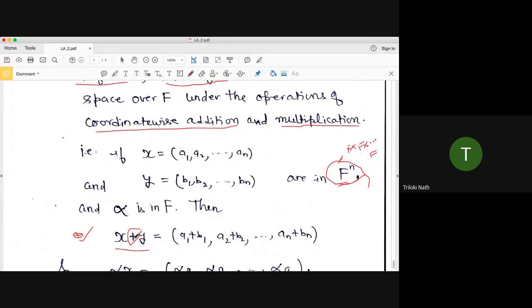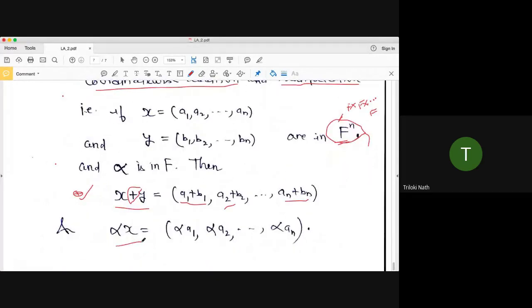This plus is not the ordinary plus of the field. But here a1 plus b1, this plus is from the field, because a1 is an element of the field F and b1 is an element of the field F. That means plus is the operation of addition from the field. Similarly, the second is added to the second, the nth is added to the nth.